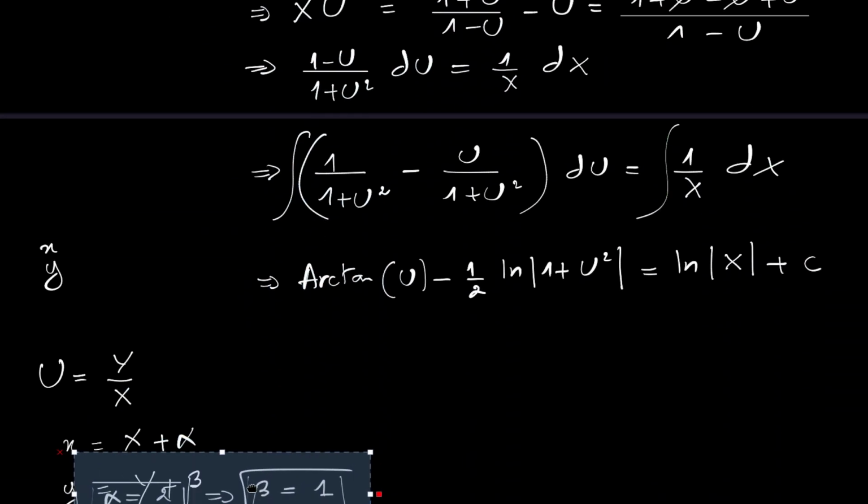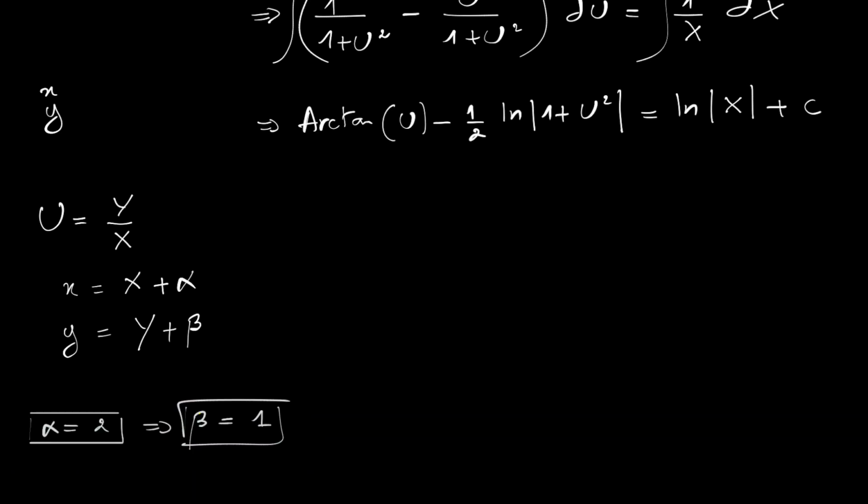Then here big X equals small x minus alpha, with alpha equal to 2, and big Y equals small y minus beta, with beta equal to 1.